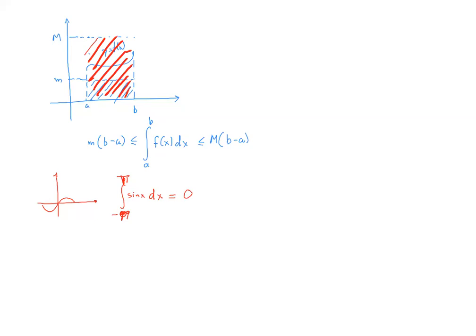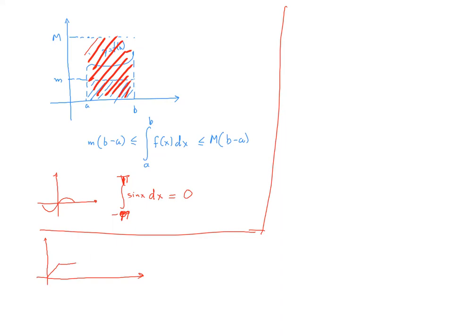So as an example of an integral that could be computed in a direct way without any other knowledge is the integral of a function whose graph is a broken line. So let's take a look at this and imagine that this is 1, this is 3, and this is 5.